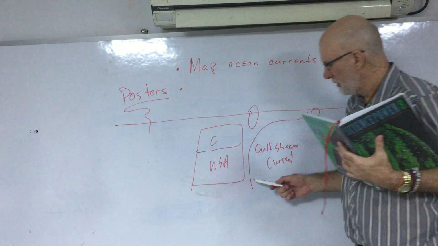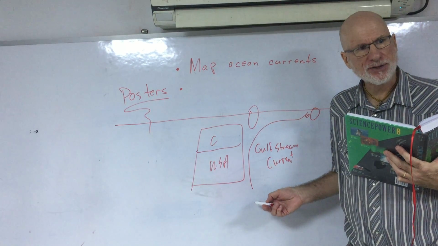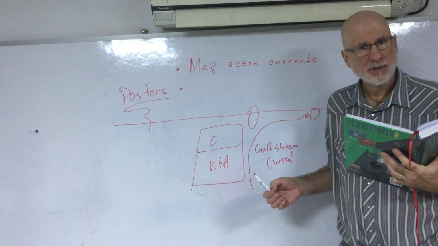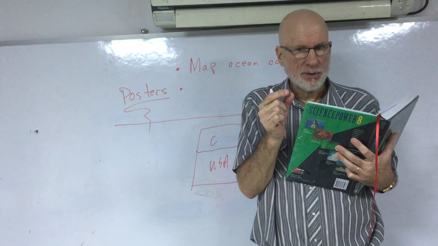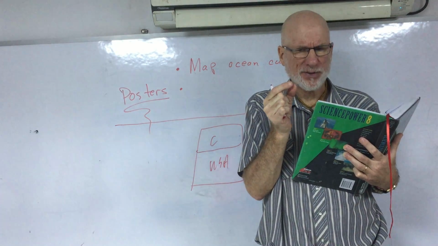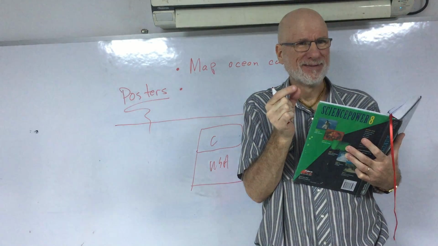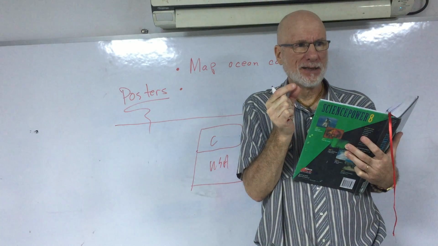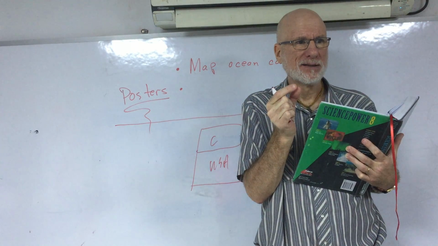That brings up very warm waters from the southern latitudes. Goes off the coast of Florida, very close to South Central Florida. Palm Beach County. In Palm Beach County, there's an island just off the coast called Singer Island.